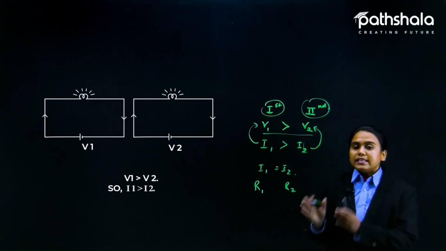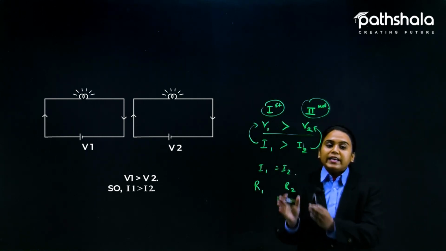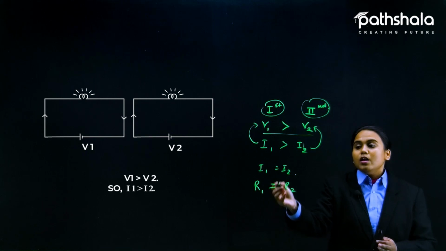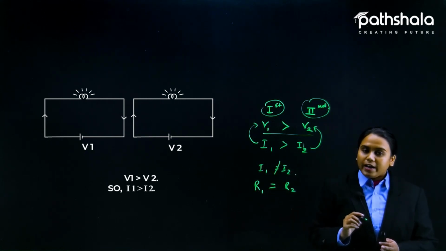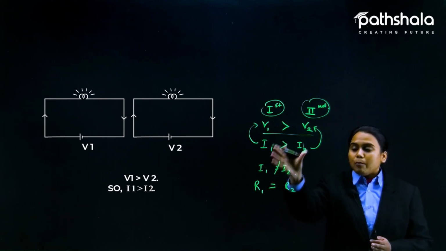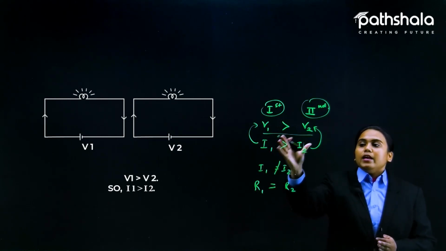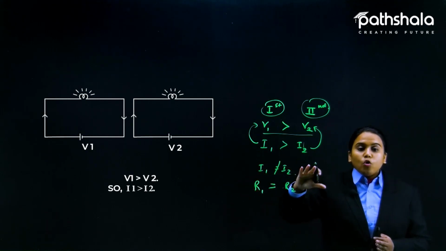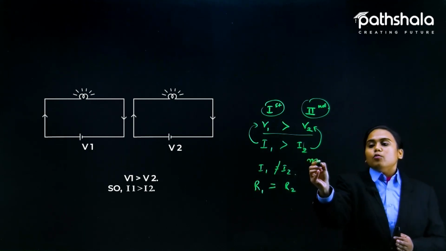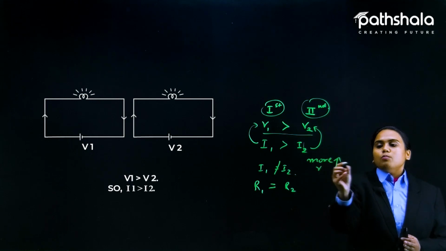In this particular case we have taken the resistance value equal, so I1 would not be equal to I2 here, and I1 will be greater than I2. So more voltage, more current.